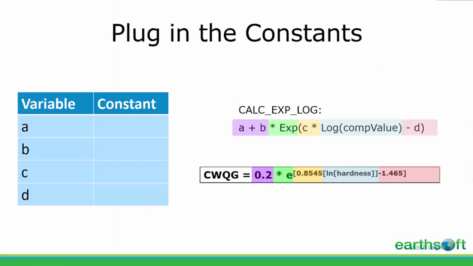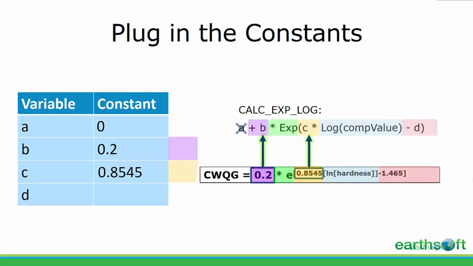Because the next thing, once we do figure out what our particular calculation is going to be, is we have to plug in the constants. So since I picked out my calc exp log as my particular formula, I know I don't need the a. That's too many variables. Okay, so for the a, I said my constant is going to be 0. For the b variable, that's going to be 0.2.